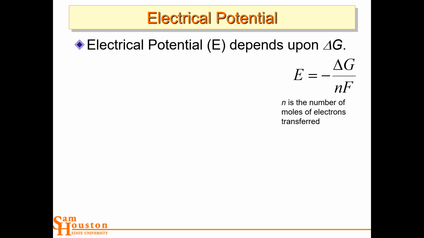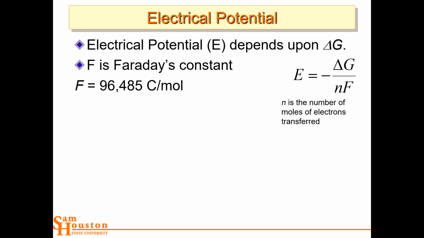Now we have a couple of other constants in this equation. We have an N, which is the number of electrons or moles of electrons that are transferred in this reaction, and then F is Faraday's constant. So this is a constant we haven't used all semester. This is counting how many coulombs or units of charge there is in a mole.